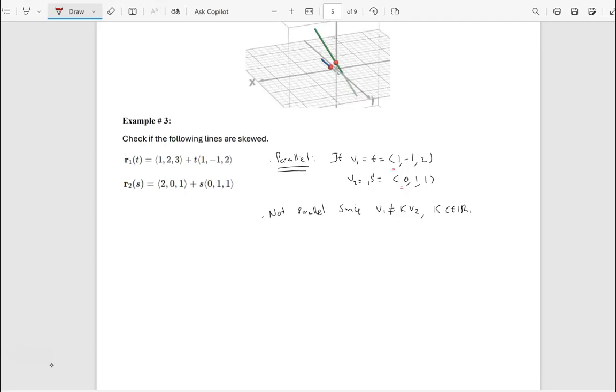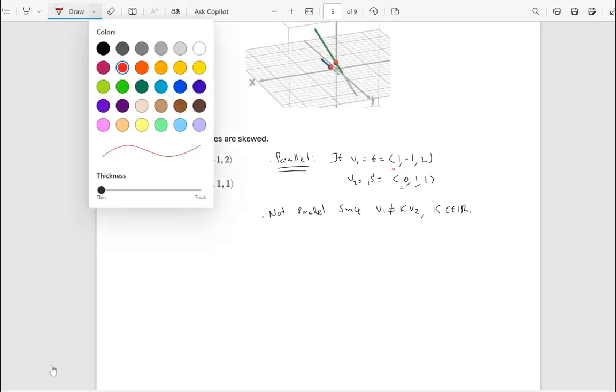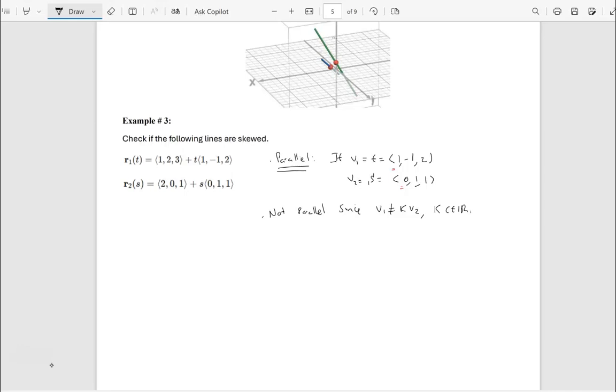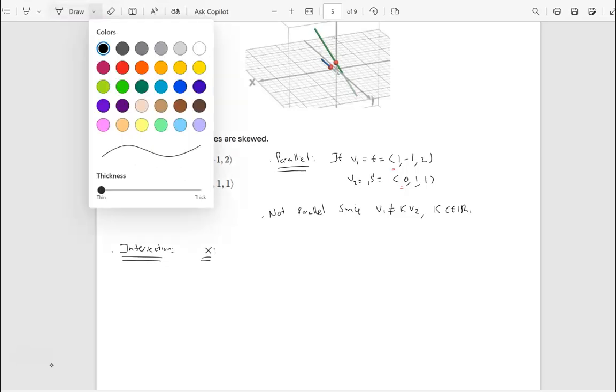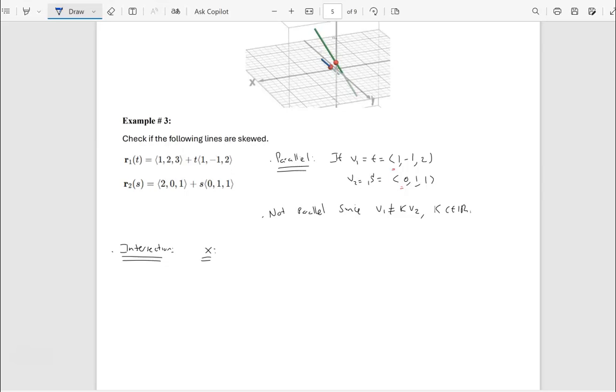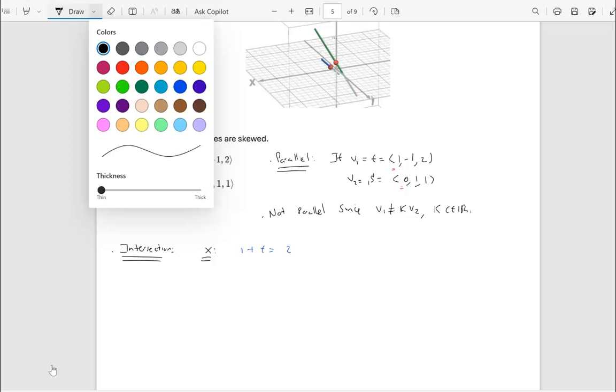Okay, next you're going to check to see if there's actually an intersection. So next, intersection. If you look at the x's, let me select the values of the x's. In this case, you would have that 1 plus t is equal to 2, since we're looking at the second line.